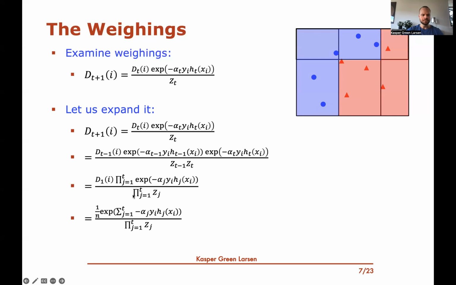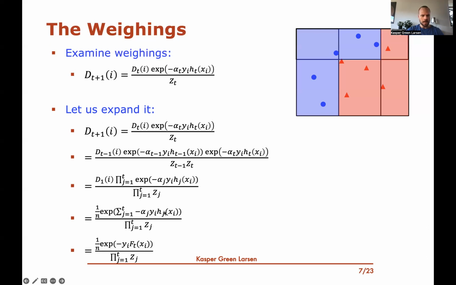And the nice thing about the product in the numerator is that the product of the exponentials turns into the exponential of the sum, just because when we multiply exponentials, the exponents add. So the distribution that we have in iteration t+1 is exactly 1 over n times the exponential function applied to the sum from 1 to t of minus alpha j, y i, h j of x i. Then we divide by the product of the Z j's.